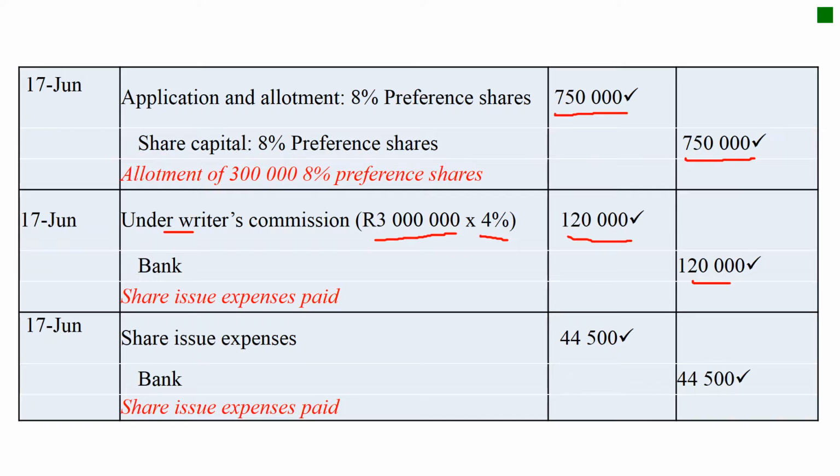Then we look at the share expenses. We are told the company paid on the same date 44,000 for the share expenses. We credit our bank, debit the share issue expenses account.